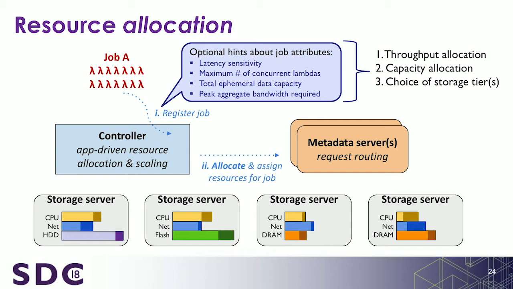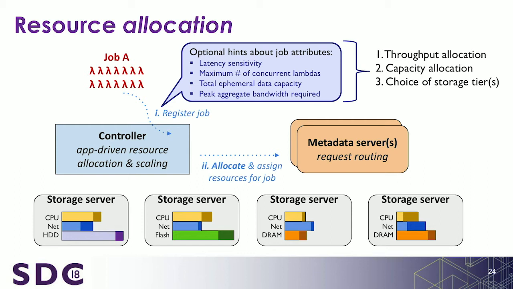If we know how many concurrent lambdas to expect, and we know the throughput limit per lambda, we can compute what is the peak throughput we need to provision for the job. And then we also allow the user to directly tell us if they know what is the peak throughput required and what is the total ephemeral capacity required. They might have this information if they've run this job before and profiled it.